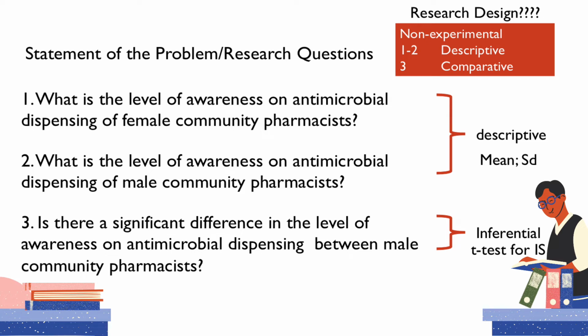So for number 1 and number 2, SOP, you will use descriptive statistics, mean and standard deviation. For the third research objective, since this is to compare significant difference or to test their hypotheses, it will involve inferential statistics, which is t-test for independent samples.